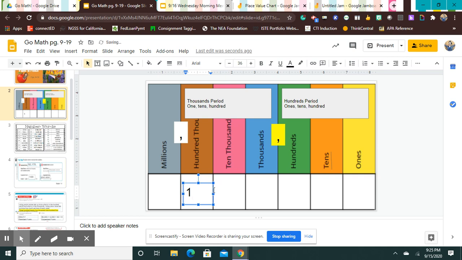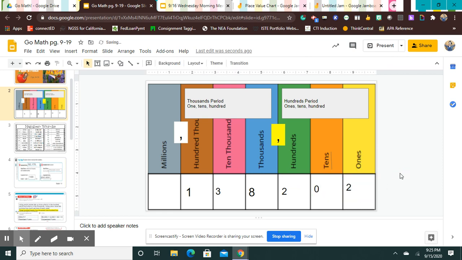So 100,000, 30,000, 8,000, 200s, 0 tens, and 2 ones. So I have my ones place, tens place, hundreds place. That's my hundreds period. Then my comma. And now I'm looking at my thousands period.